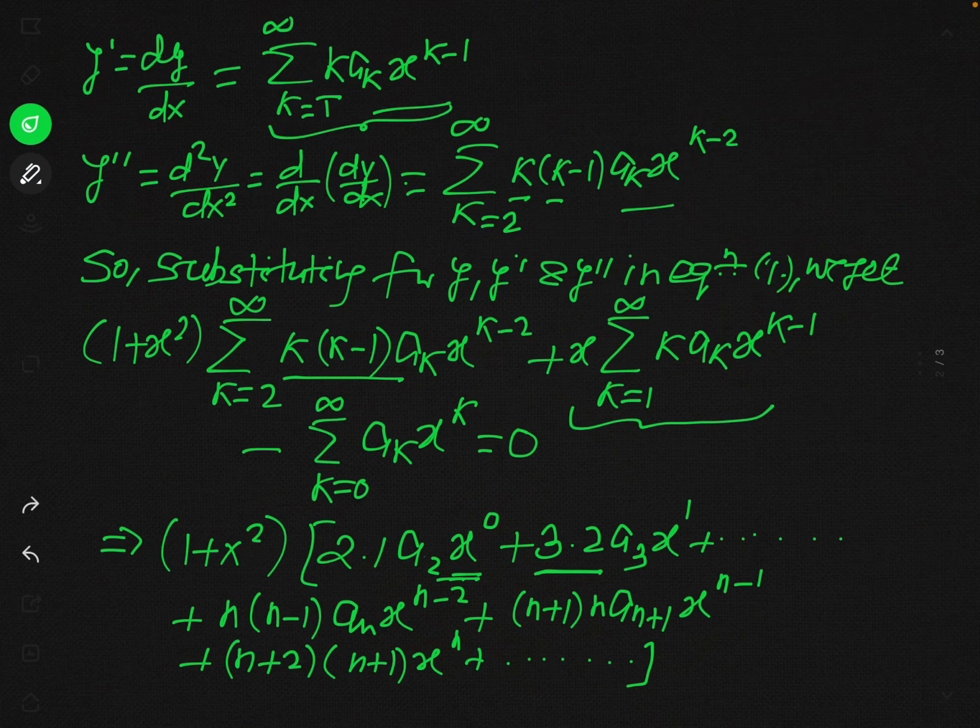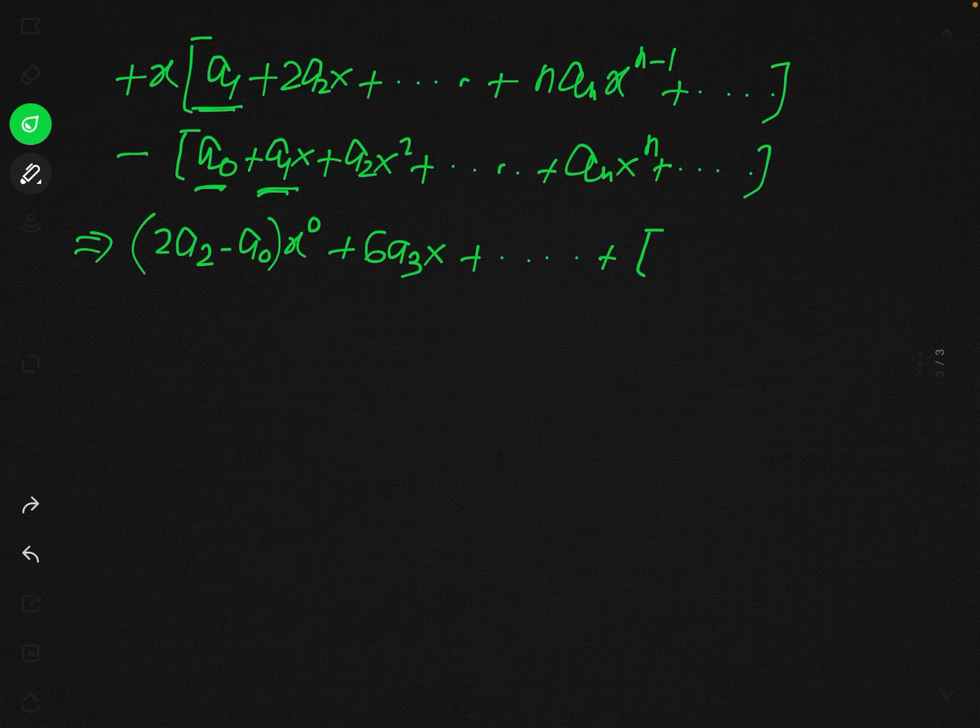When we take 1 into this term, there will be x to the power n, and when we multiply this x to this term, again there will be x to the power n, and here there is already x to the power n.